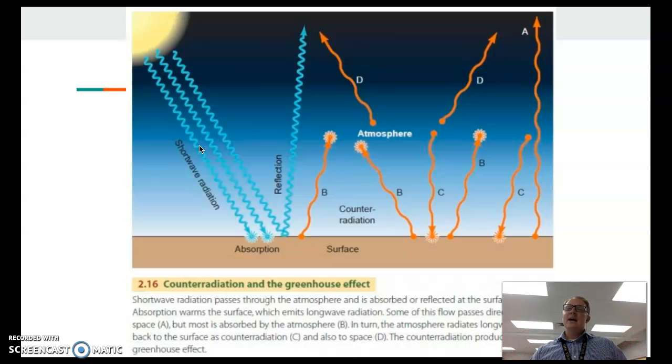That's why the slides at the playground after baking in the sun are just not very much fun to slide down. That shortwave radiation travels through our atmosphere, and all of our greenhouse gases do not do a good job of absorbing the shortwave radiation. But when that shortwave radiation hits the surface of the Earth, it gets absorbed by the Earth, and then it leaves in the form of heat that is long-wave radiation.